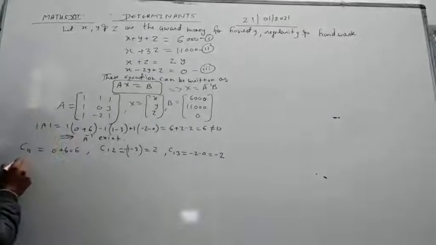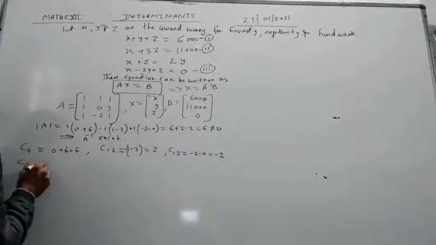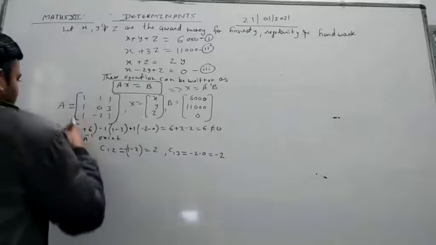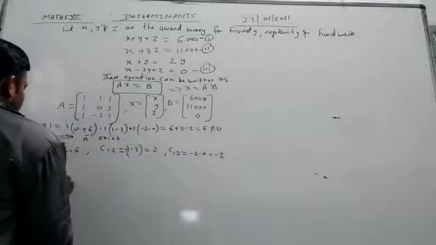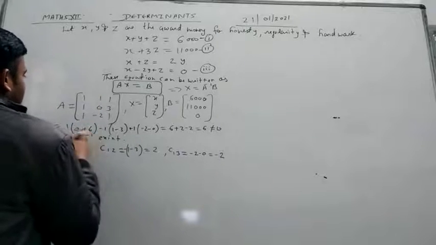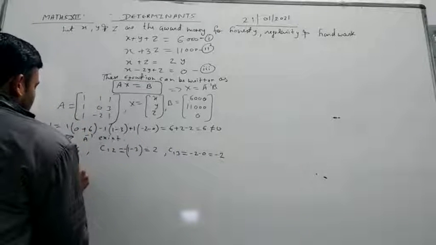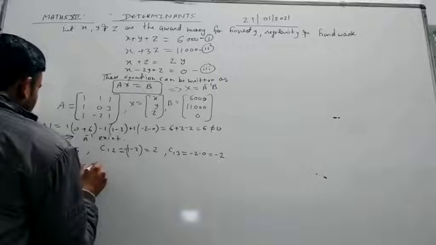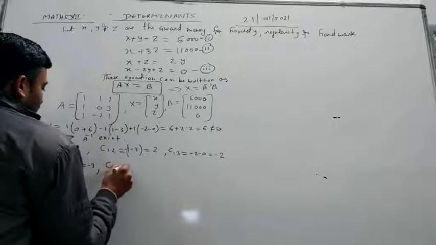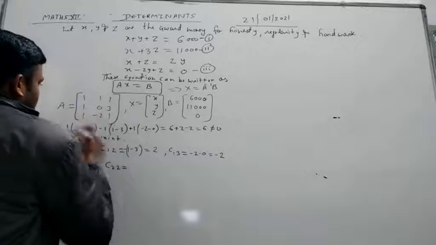And students, now C21, so this cancel with negative sign, cancel 1 plus 2, which is minus 3.